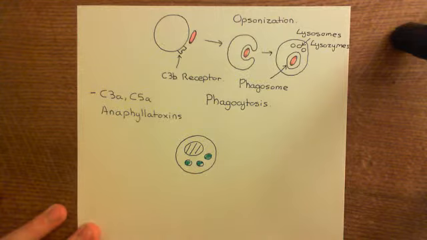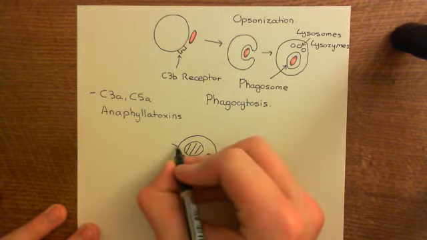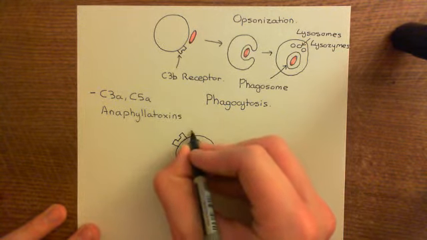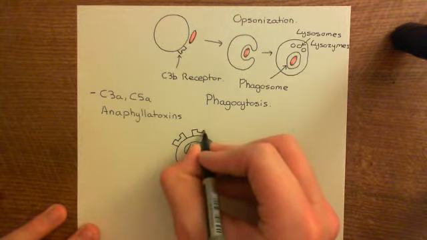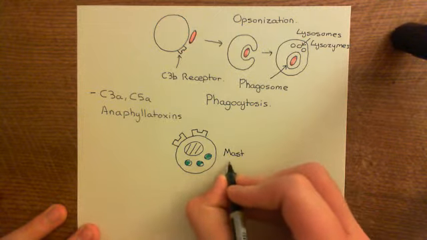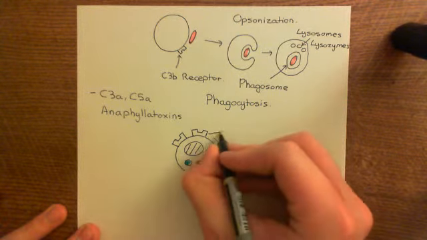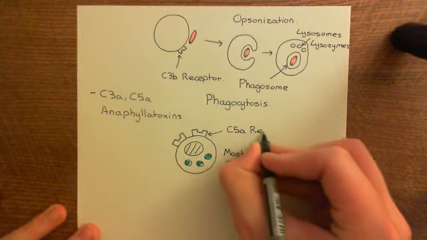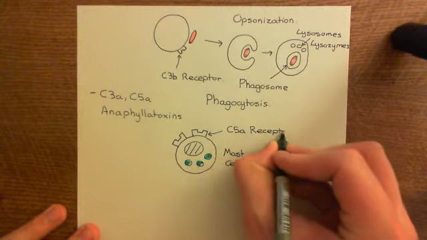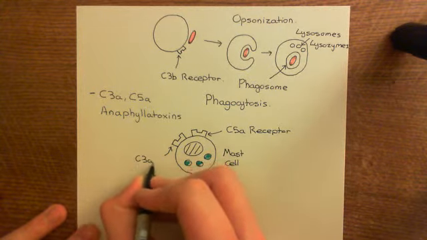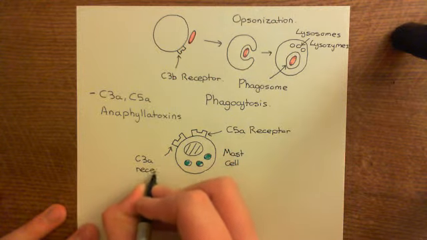Well, now what we're going to get is a positive feedback loop, because when you generate C3a and C5a, there are receptors for C3a and C5a on the surface of mast cells. So I'll just label this up as a mast cell. Let this here be a C5a receptor, and let the other one be a C3a receptor. So mast cells have receptors for both of the anaphylatoxins, C5a and C3a.